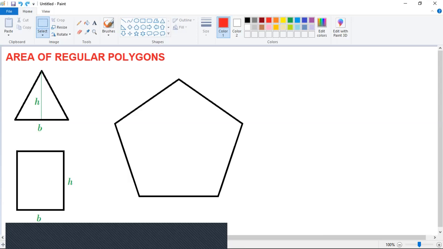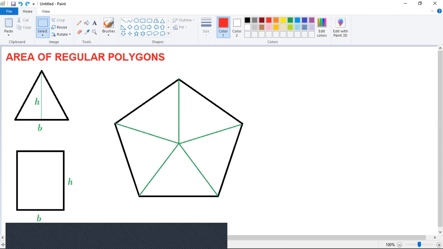When we have a pentagon that is regular, we can find the area by starting to divide the polygon into 5 equal or congruent triangles. Drawing these lines forms 5 congruent triangles.